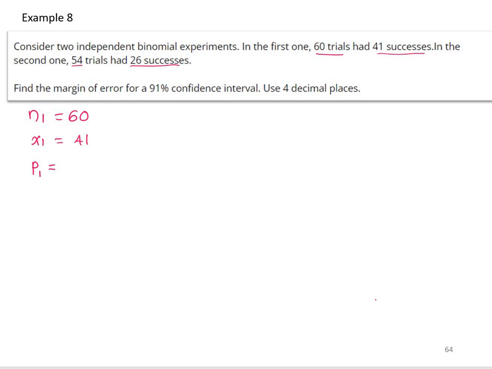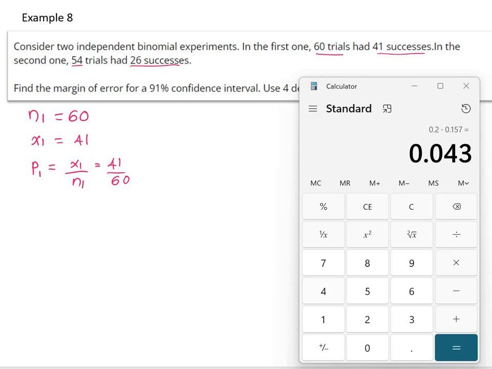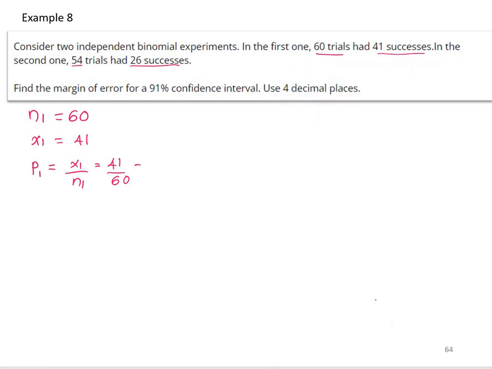P1 is equal to X1 over N1, the number of successes divided by the total number of cases, so it is 41 over 60, which equals 0.6833. We can round it as 0.68.